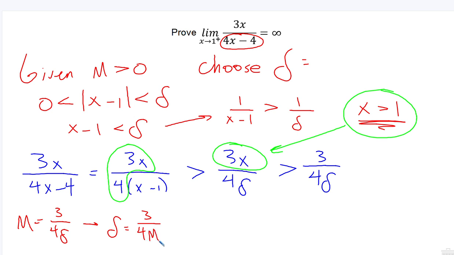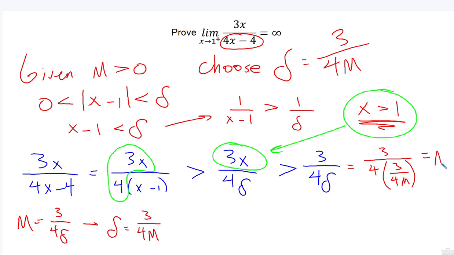And so we'll just choose delta equal to 3 over 4m. We can say this is equal to 3 over 4 times 3 over 4m. Now I think we should see that if we were to take the reciprocal of this 3 over 4m and multiply, we'd end up with an m in the numerator and then 12 over 12. We've now shown that f of x is greater than m, and we've thus proven that this limit is equal to infinity.